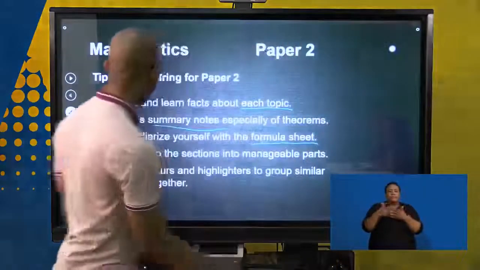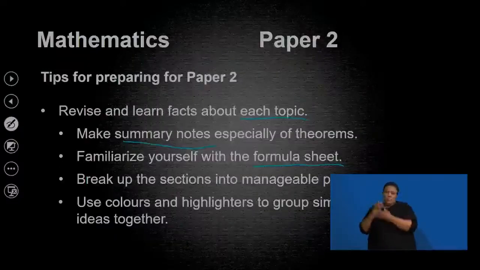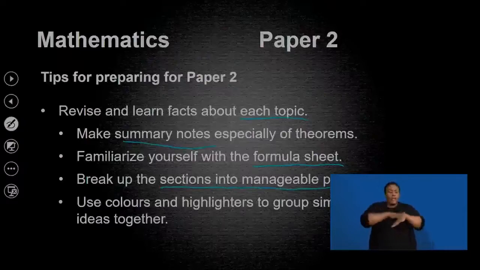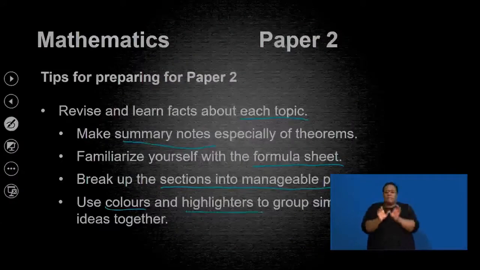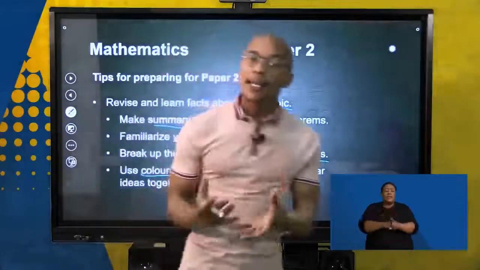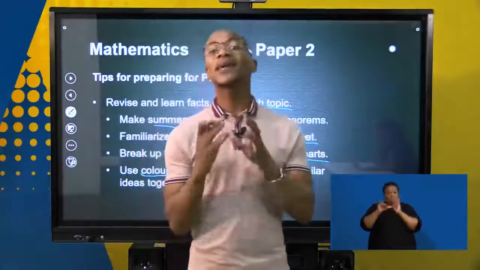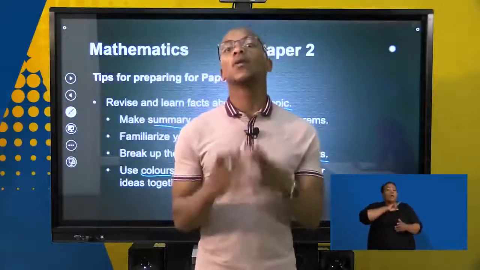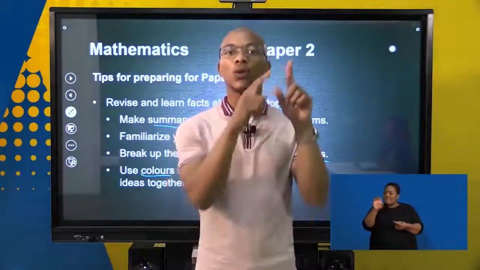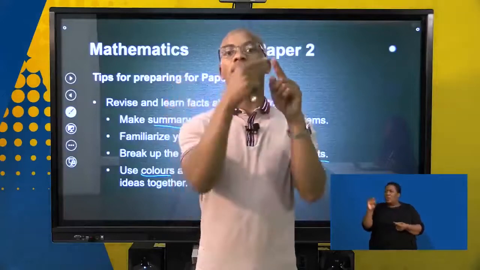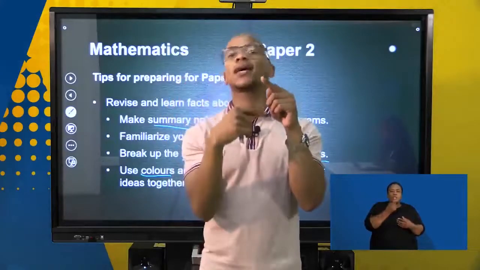And also, remember to break up the sections into manageable parts using links between those parts. Use colors and highlighters to group similar ideas. Highlighters and colors come in handy, especially when you are doing Euclidean geometry, because you need to show that the red means all those angles are equal, and then maybe on the red you then add a blue.